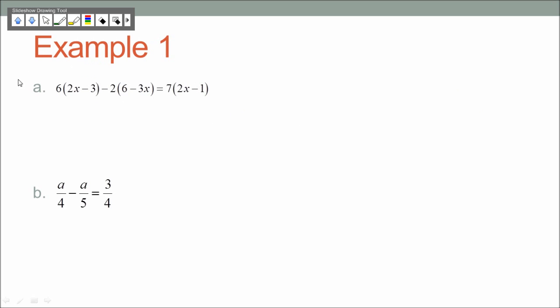Now in this particular question here, example 1a, you'll notice that straight off, we have brackets, not only on the left-hand side, but also on the right-hand side as well. With these types of questions, it's important that we expand the brackets. The problem with the left-hand side, because we have two, is that sometimes it can get a bit confusing because we have this minus sign in the middle.